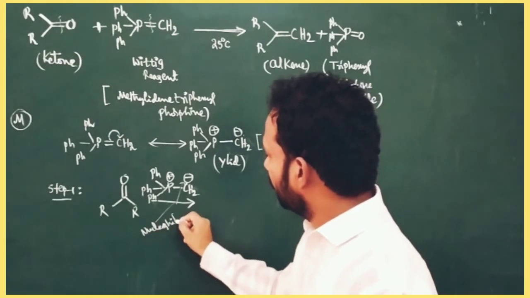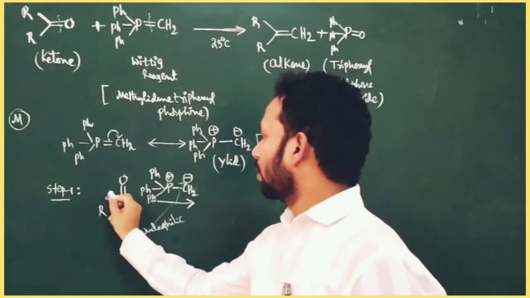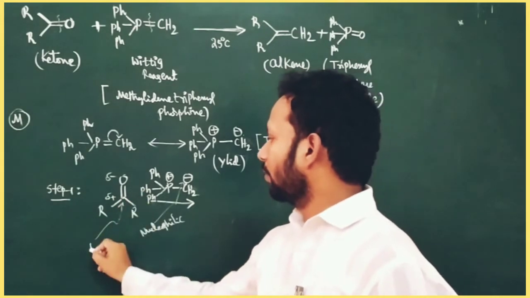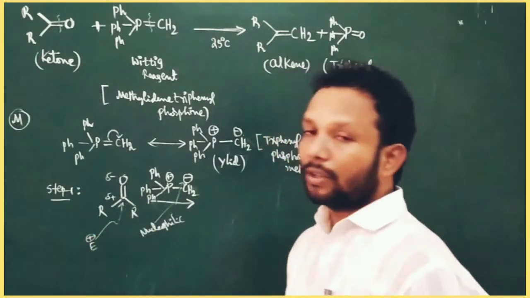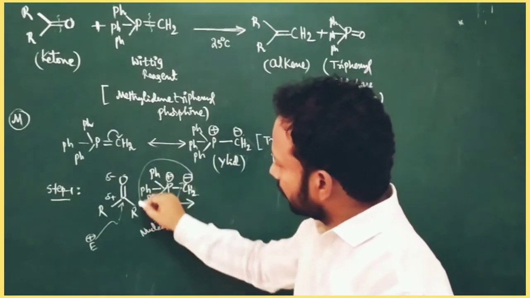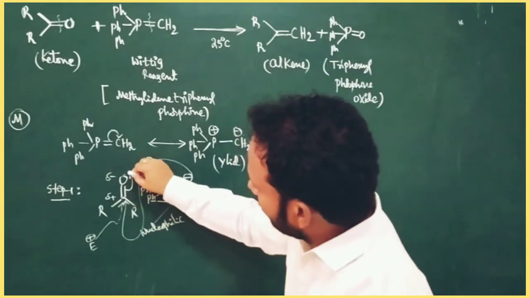This carbon is nucleophilic, whereas the carbonyl carbon is electrophilic. So the reaction is between the nucleophilic carbon and the electrophilic carbon. So this ylide carbon attacks the carbonyl carbon.